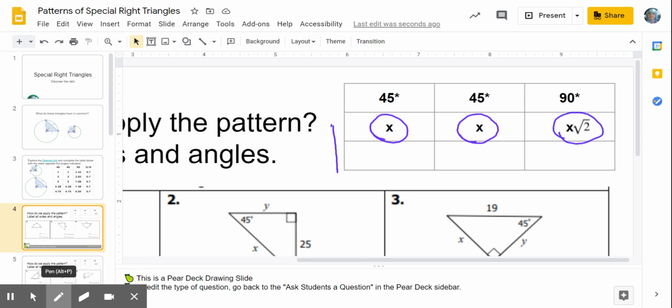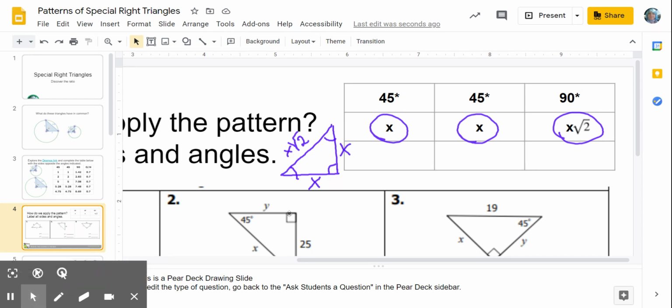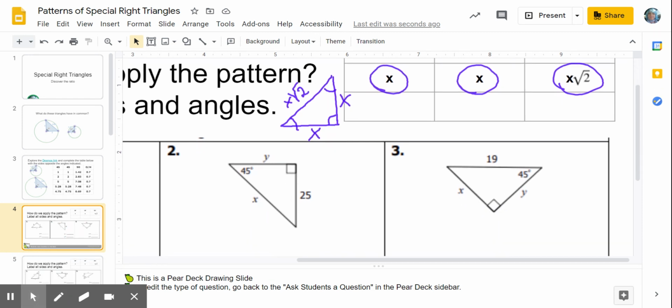So if we draw a little, we call this a reference triangle. We've got 45 and 45 and a 90 degree. It means my two legs are going to be exactly the same. And if I take that length and multiply it by the square root of 2, which happens to be that 0.7, we're going to end up with a hypotenuse. And this works in every triangle. So it's a little bit faster and easier depending on what you're given than if you are doing trig.